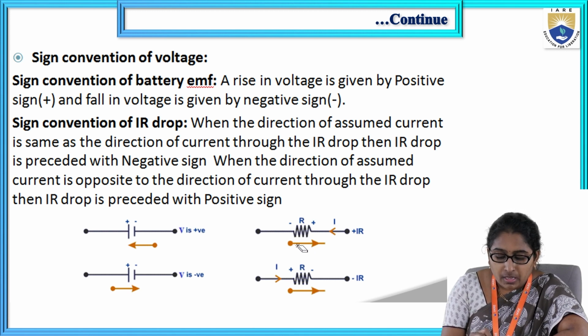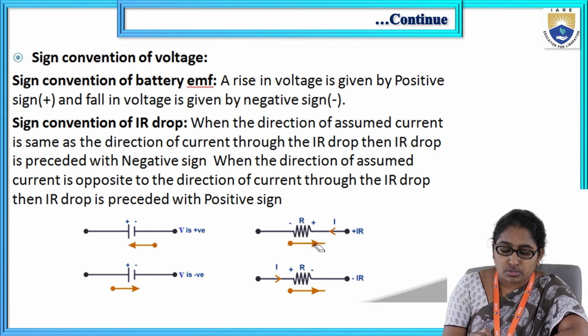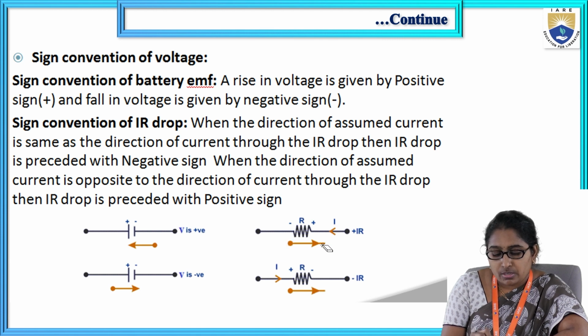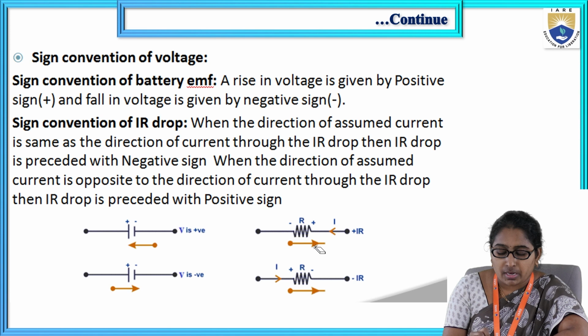Here this orange color arrow is the assumed current direction, going from left to right, but this is minus, this is plus, so the direction is opposite to the voltage drop direction. That's why this drop is taken with plus, plus IR.